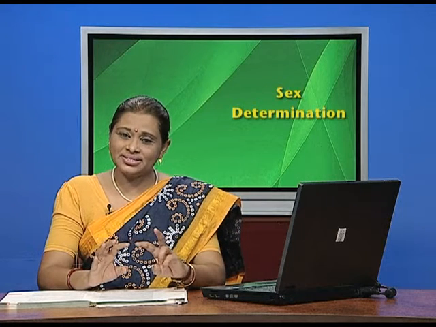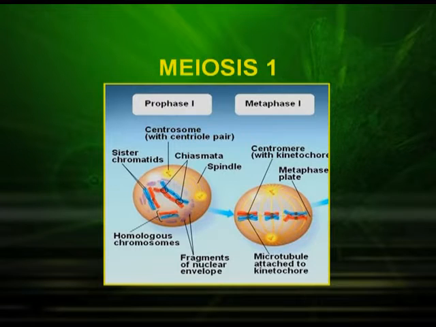The following picture clearly shows prophase 1 and metaphase 1. What do you observe in prophase 1? You see the 2 chromosomes coming closer to each other. In the same way, during metaphase 1, the chromosomes align on the equatorial plate.